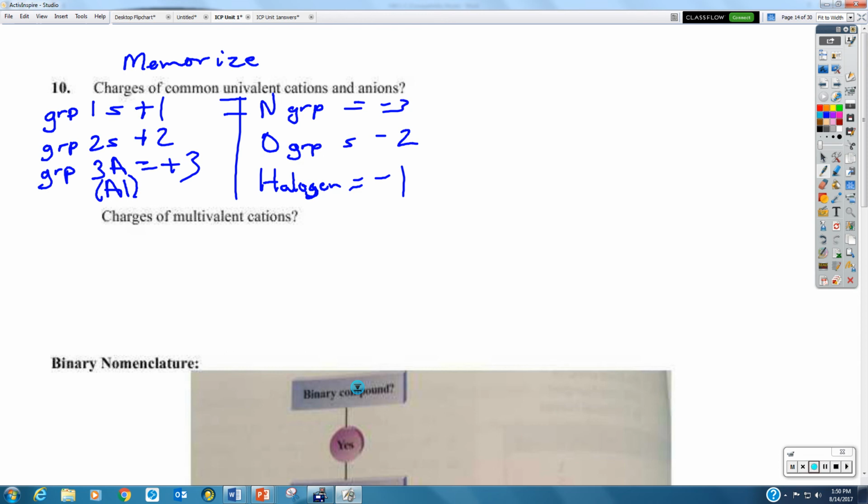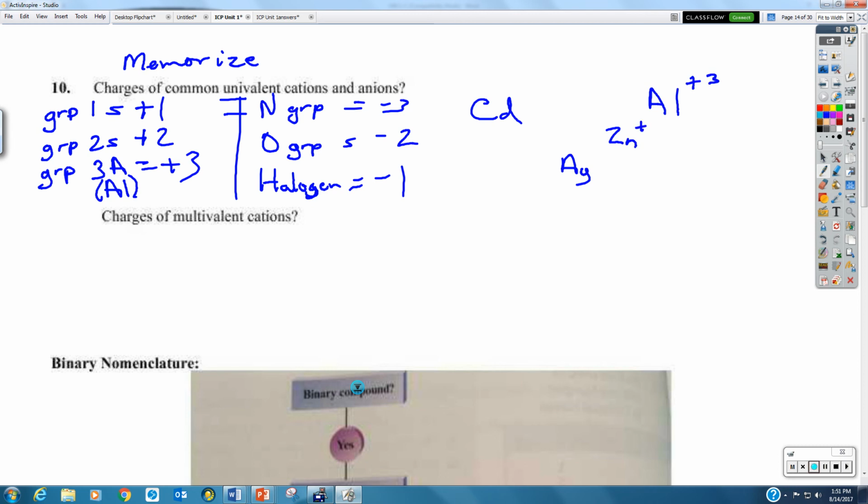Now, these are the ones that you may have known, or you may not. Actually, let's do these first. All right, so look at the periodic table, and you see this little zigzag starting with aluminum, and then you have zinc, and then you have silver. Aluminum, zinc, and silver are all univalent. Aluminum is +3. We already talked about that.